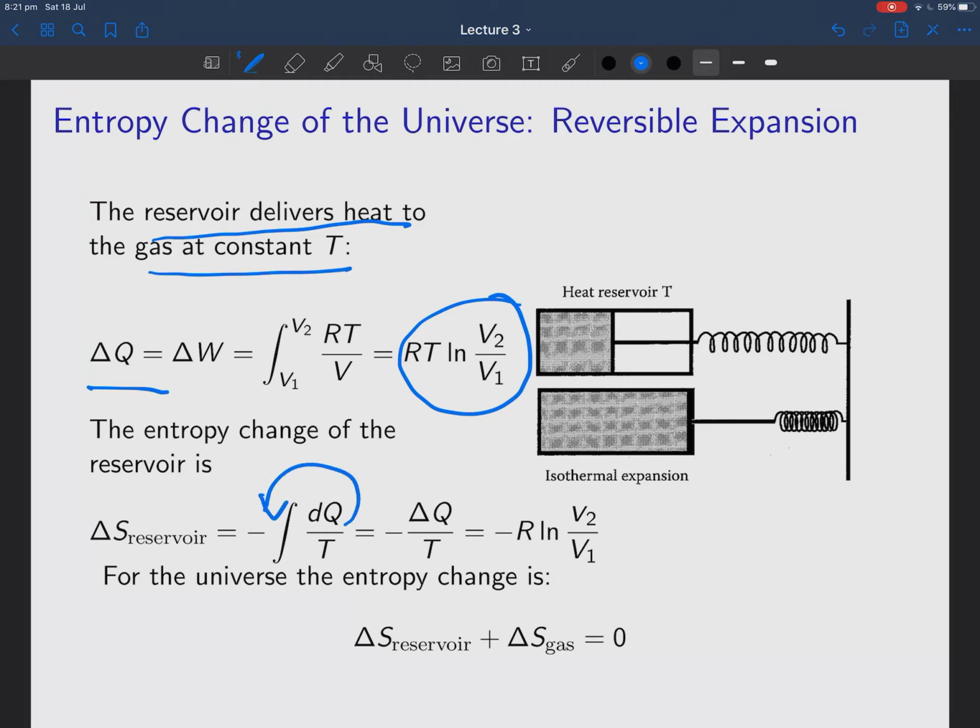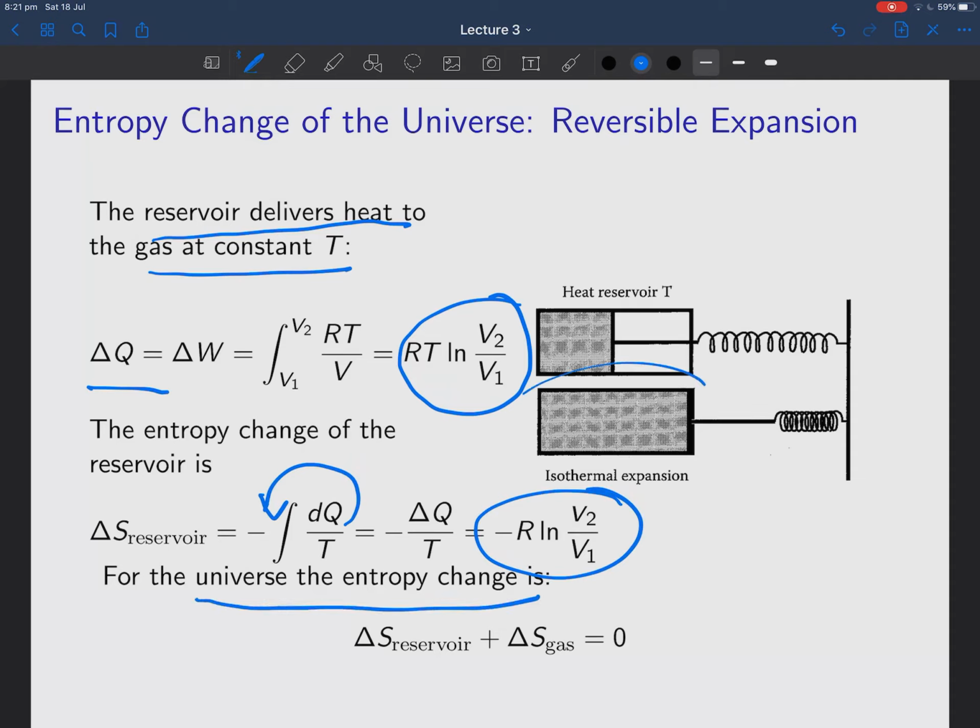But the T is constant, so we can take that out. And we just end up with this, which is exactly the negative, of course, of the entropy change of the gas. So the entropy change of the universe, which is the reservoir plus this container, is 0. You add them up and they become 0.